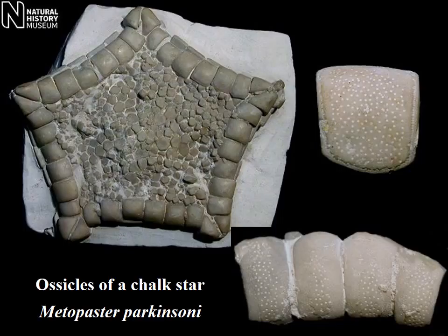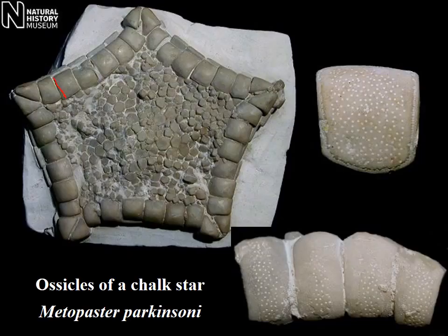Here are the ossicles, and you can see that there are different shaped ones in a single individual, so they don't all have to be exactly the same shape. But if you take this chalk star and you dry it out and you erode away all of the soft tissue, you'll wind up with these plates. Notice that the plates aren't really stuck together so much.